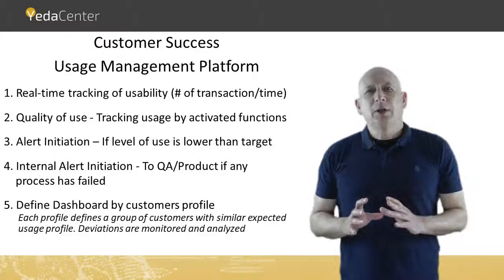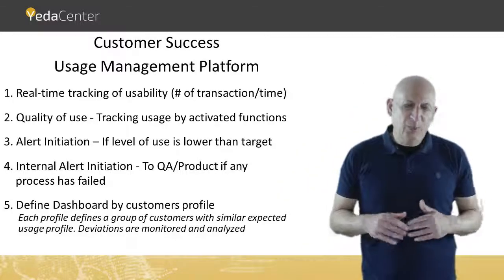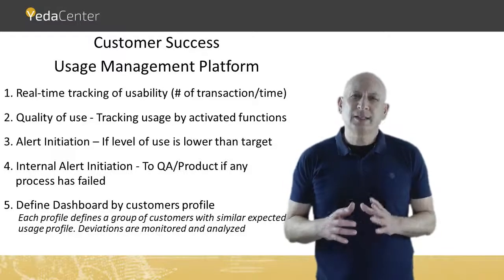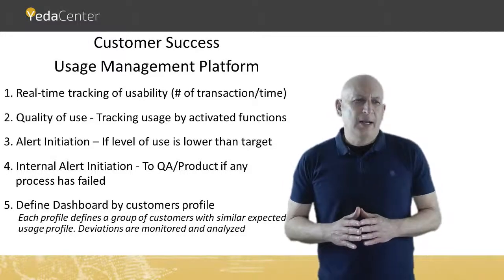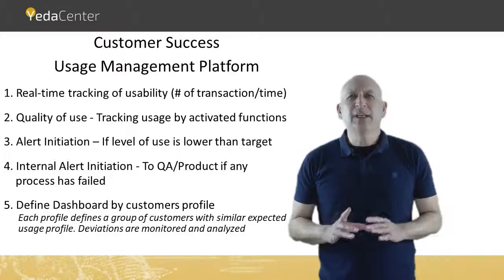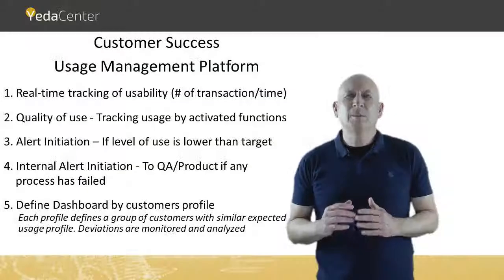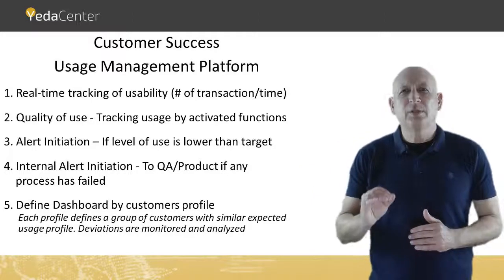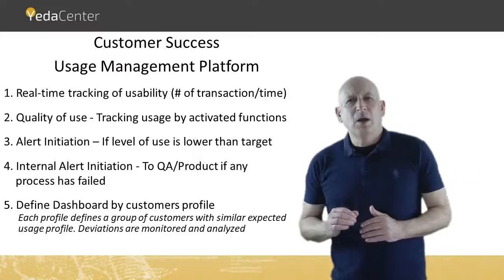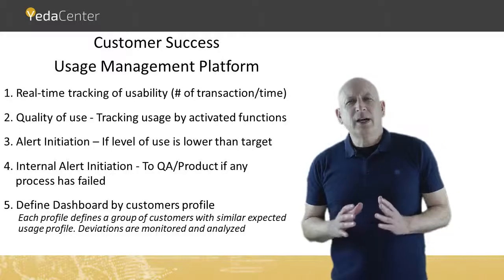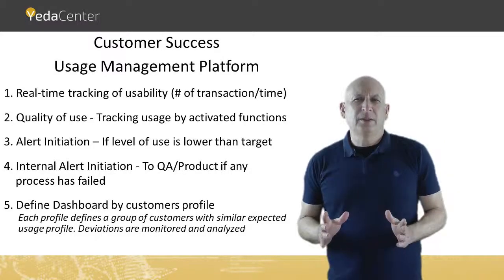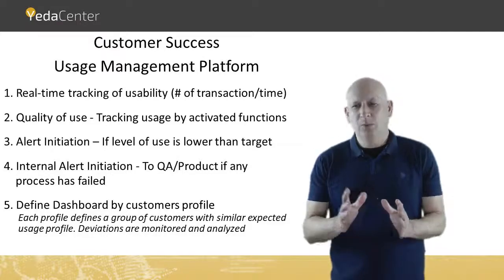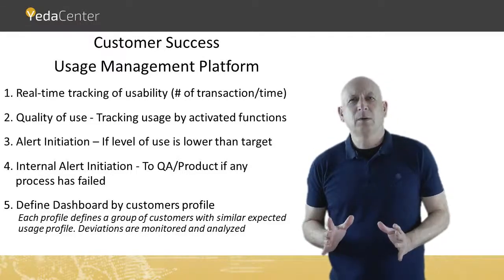So I mentioned in the first case the fact that we implemented a platform, sort of a customer success management platform, and we defined obviously many parameters for this platform. I'll mention several which had a very positive impact. One is real-time tracking of usability. Usability means how many transactions the customer performs in a predefined period of time.